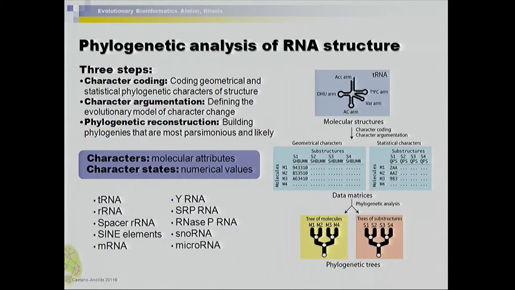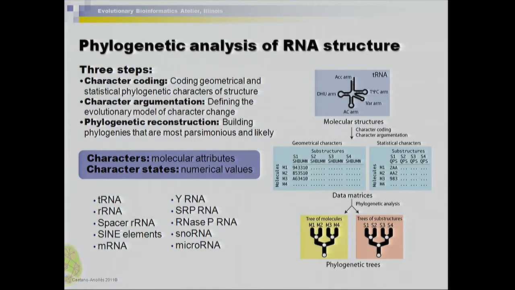And we've done this with, again, a cladistic approach, an approach based on phylogenetic analysis that has a character coding step that establishes features that are molecular, and then assigns numerical values to those features. And we have then a phase of character augmentation where we put forth a model of evolution, and then a phylogenetic reconstruction.